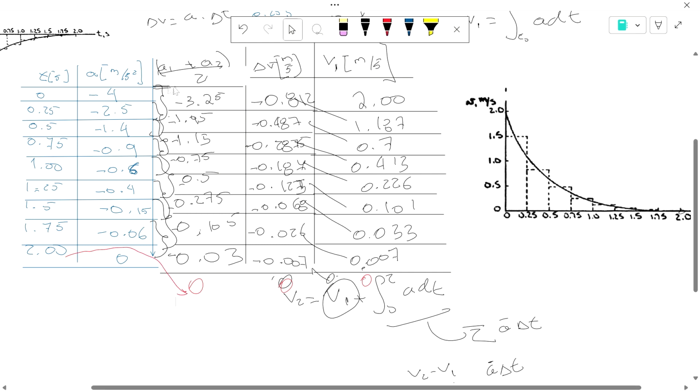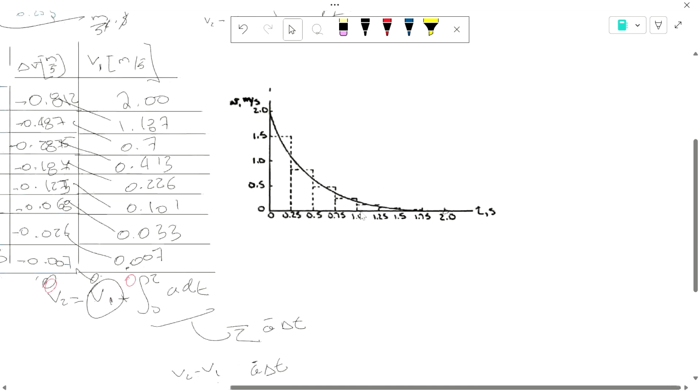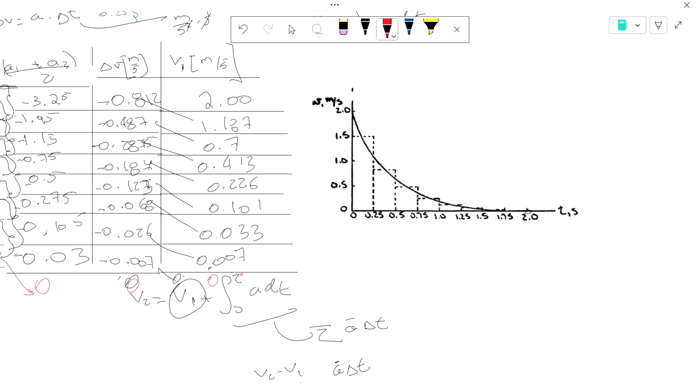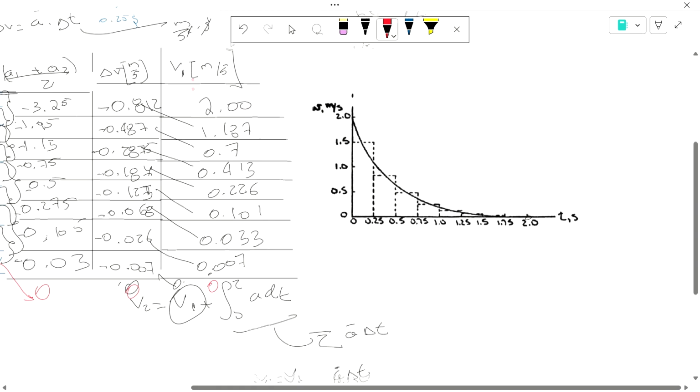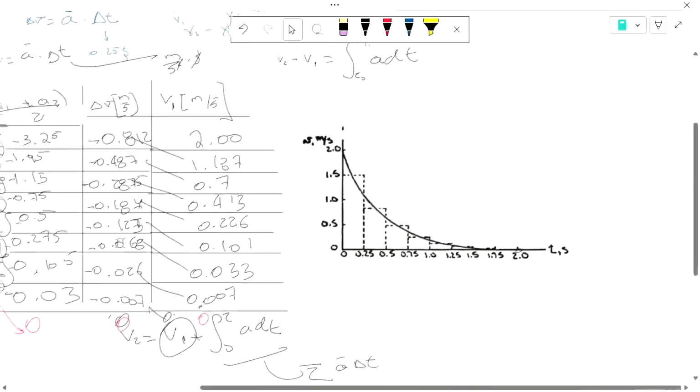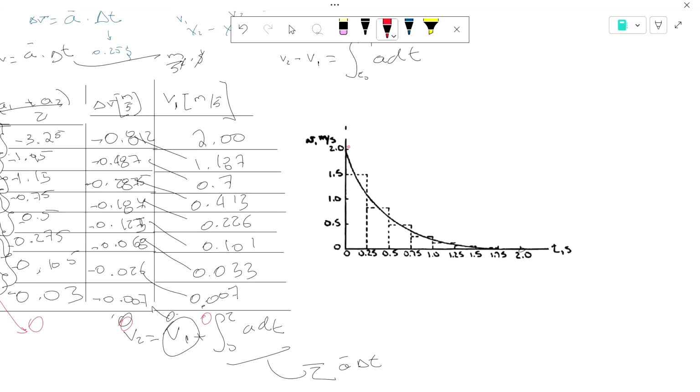All right, because now we're doing deltas. The delta would always be 0.25, but okay, you see my point. So at 0 seconds, which we do start from 0, so that's good, it is 2 meters per second. At 0.25 it is around 1.18, then at 0.5 it is around 0.75, etc.